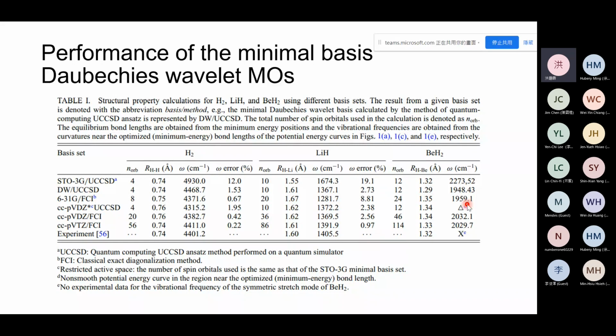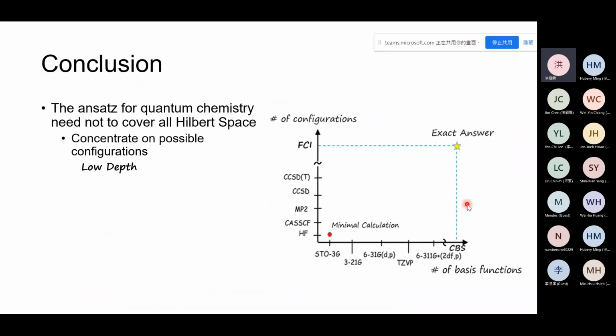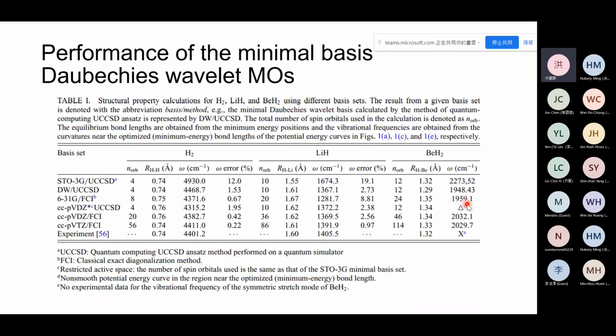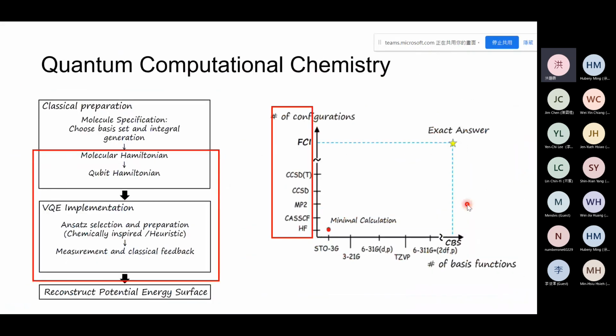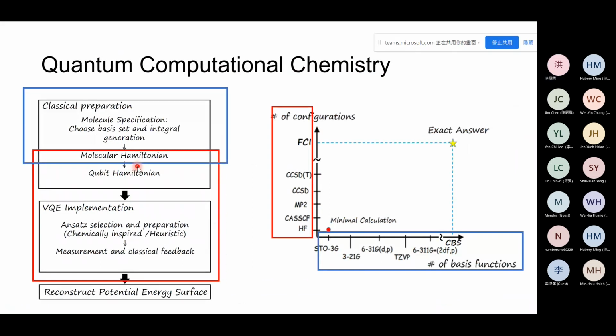Also, the other direction is that since we have done all these blue region parts, the next step is from molecular Hamiltonian to qubit Hamiltonian. I think maybe my collaborator Xu has presented this here before. We can concentrate on a more physical configuration to reduce the number of qubits while mapping.